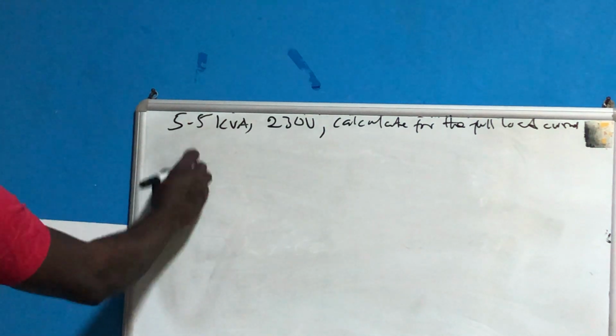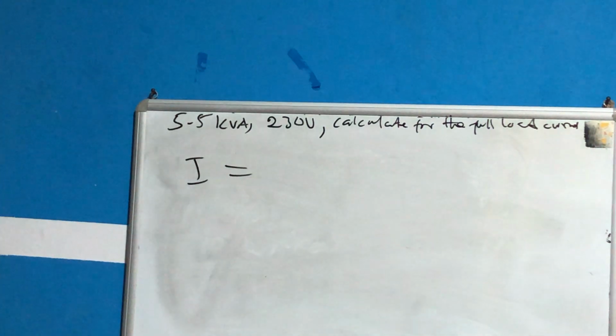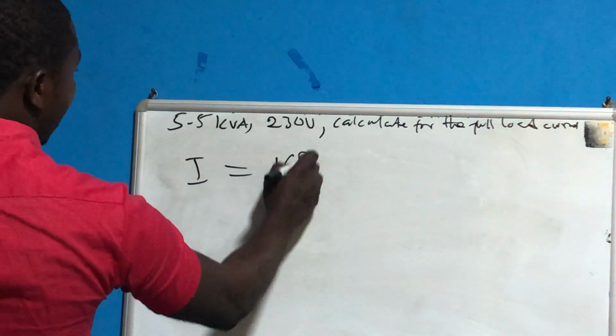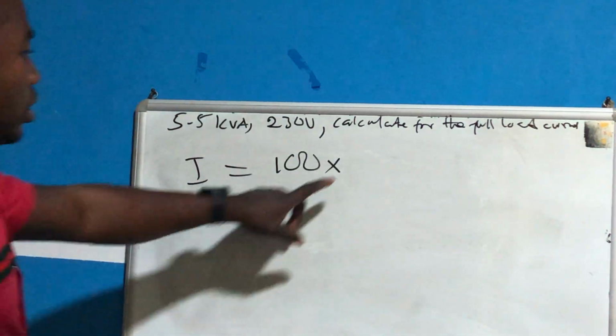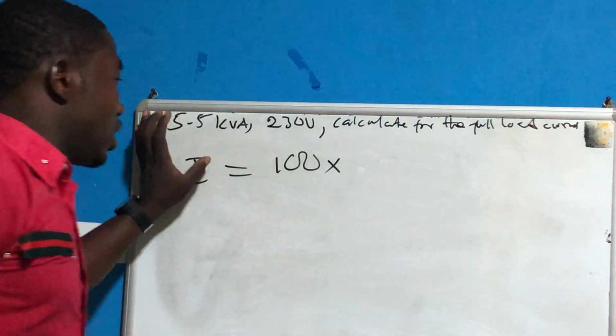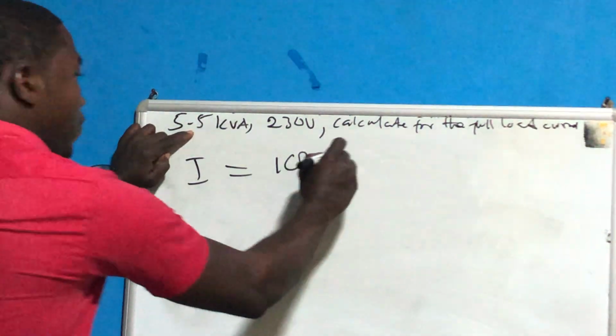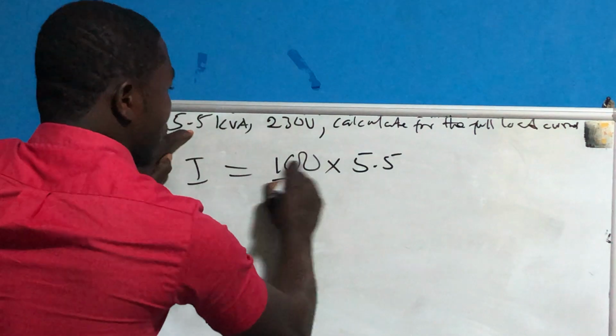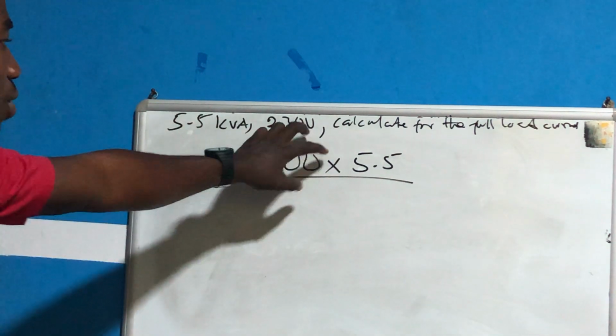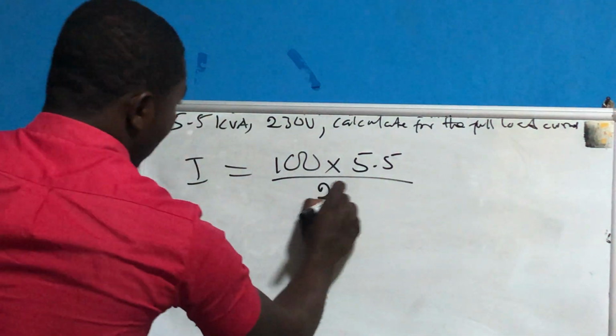So now you state the formula. I is equal to 1000, now here the S, which is the rating of the generator, is 5.5. Now the voltage here is 230.